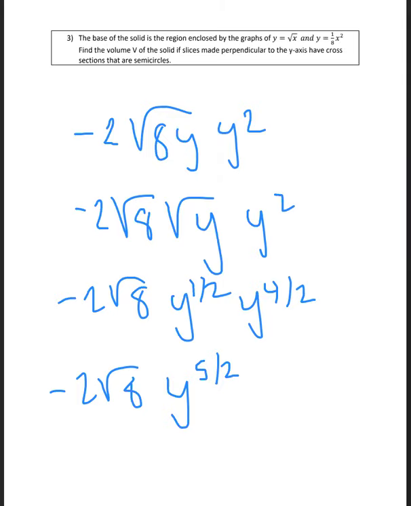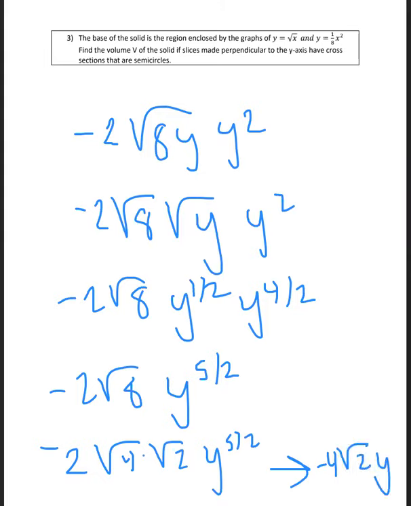So really, this is radical 4 times radical 2 y to the 5/2, which is negative 4 radical 2 y to the 5/2. That's still kind of complicated, but at least it's integrable. And the radical 2 is just a number in the front, a coefficient, so treat it as such.